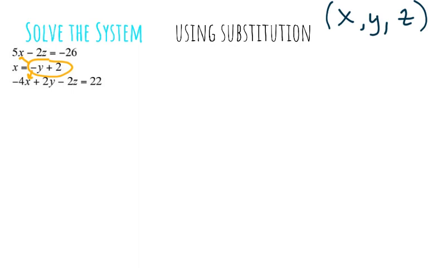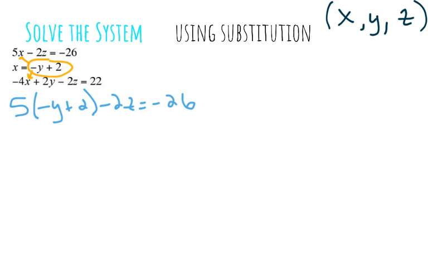Let's start off with that very top equation and substitute in our x. We would have 5 times negative y plus 2 minus 2z equals negative 26.